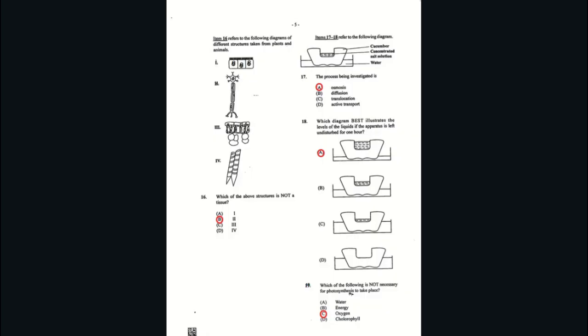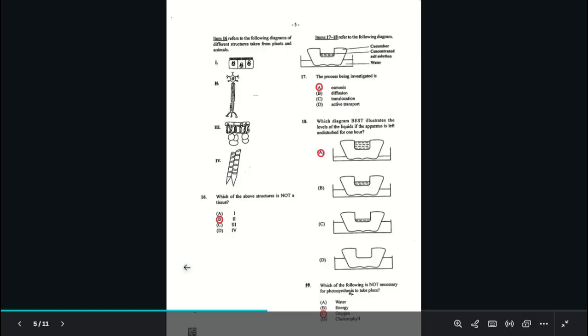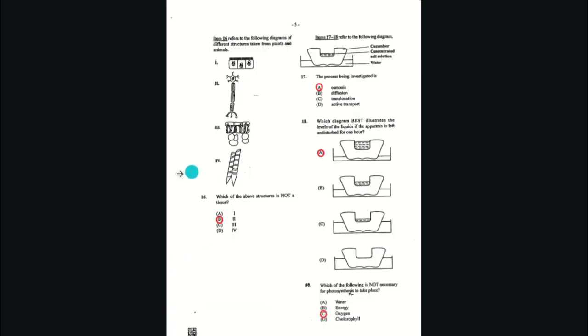So basically, which of the above structures is not a tissue? Let's just say you have no idea what 1, 2, 3 or 4 are. What you can do is remember this: cells make up tissues, right? And the question is asking which of the above is not a tissue. So if you want to use common sense and pick out the correct answer, okay, one has 1, 2, 3.